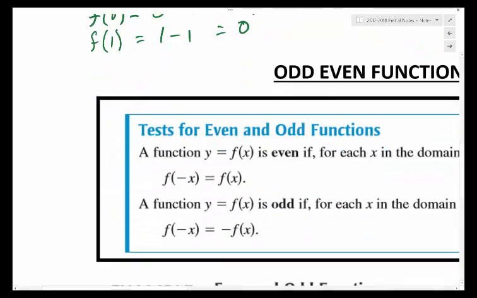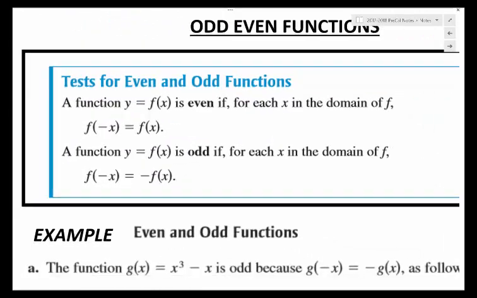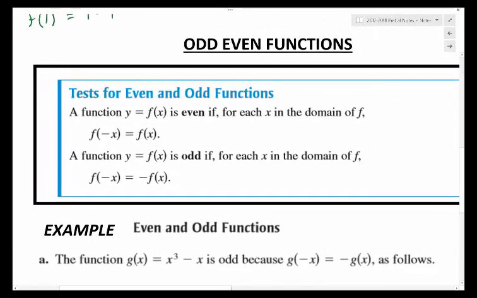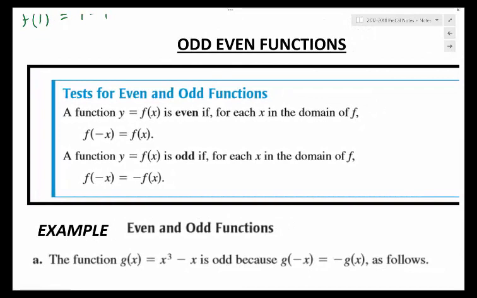Okay? Now, determining whether or not a function is odd or even. A function is even if I substitute in a negative x in the equation, and when I solve it out, it equals the original equation.